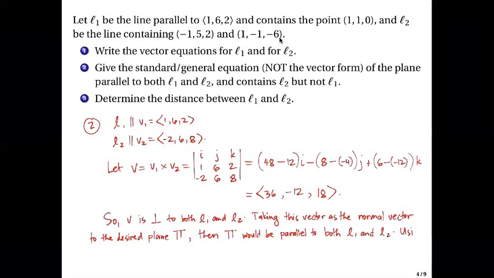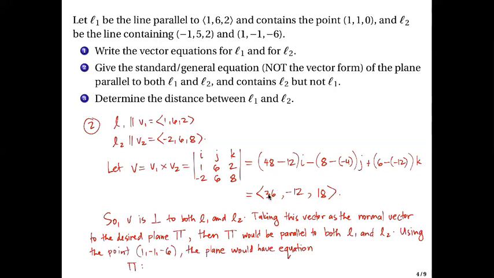So using the point 1, negative 1, negative 6, the plane would have the equation, so pi, how do we write this?